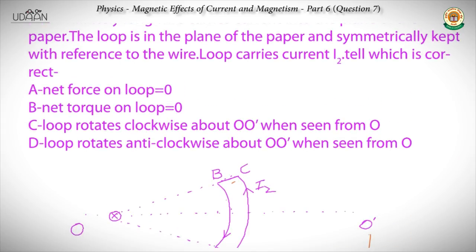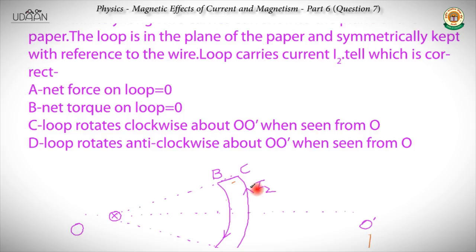There are 2 things asked: first is the net force on the loop, and second is the net torque on the loop. For force, we'll consider all 4 segments, BC, CD, DA and AB, and then sum all the forces on these segments.